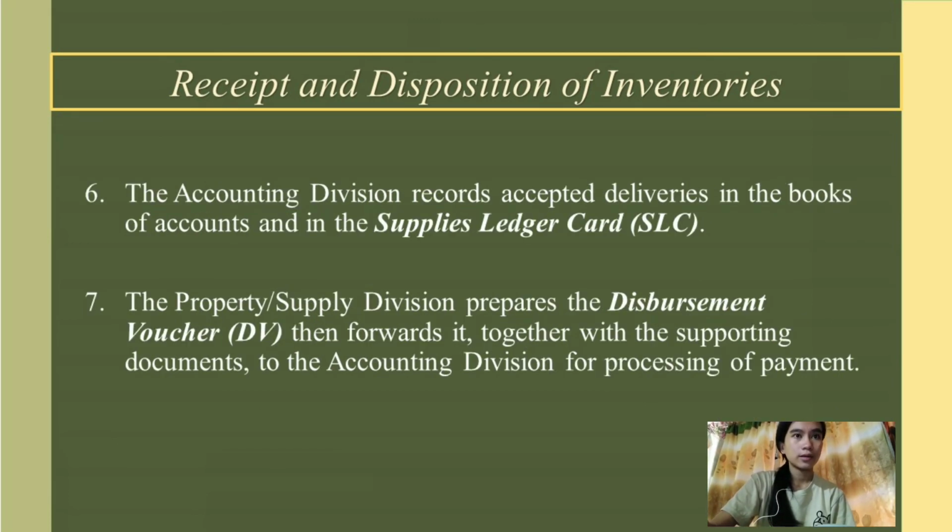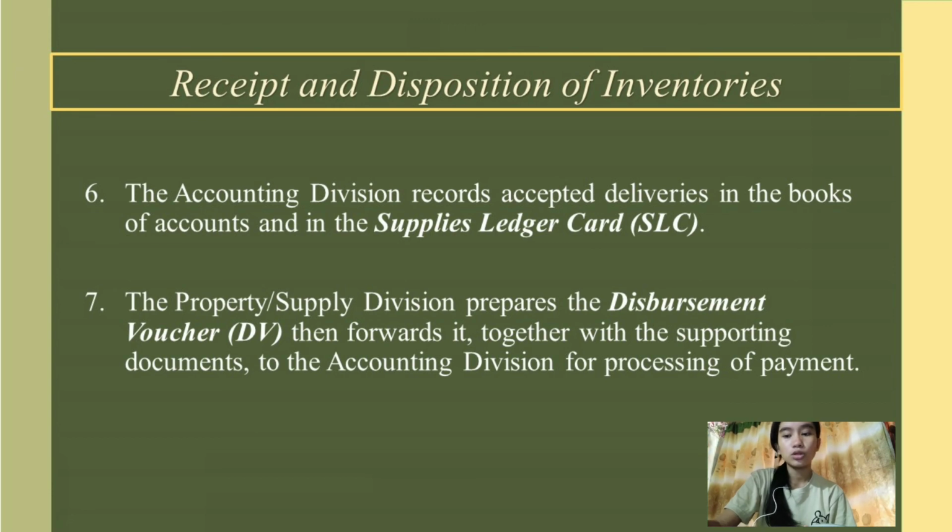So next is, di ba binigyan ng copy yung accounting division ng property inspector. Yung accounting division naman ang magre-record ng the accepted deliveries in the books of accounts and the supplies ledger cards, wherein the SLC or the supplies ledger card shows both the quantities and the monetary amounts of all receipts and issuances of inventory, as well as the available balance at any given point in time.